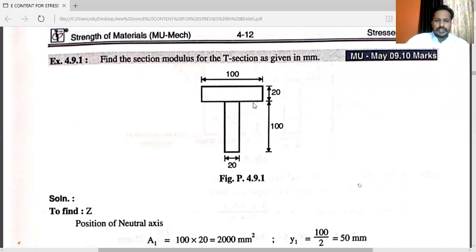This one is the T section. You can see this is the vertical rectangle, with base 20 and depth 100. For this horizontal rectangle, the dimensions are base 100 and depth 20. Here you have to find out Z, that is sectional modulus.